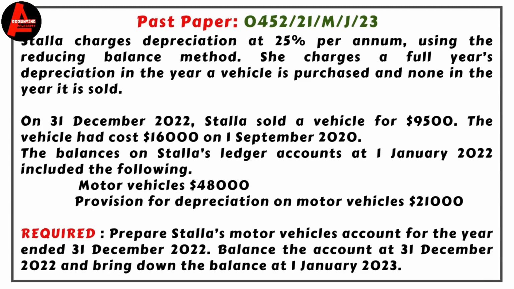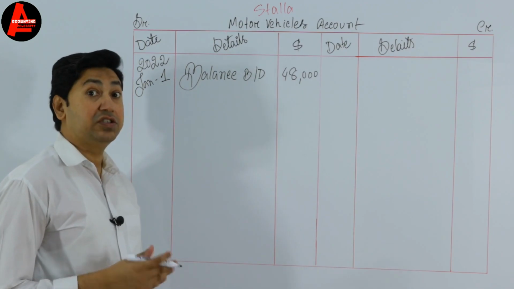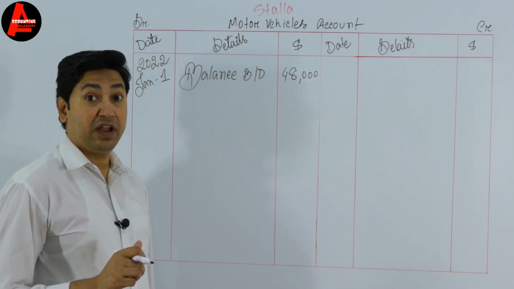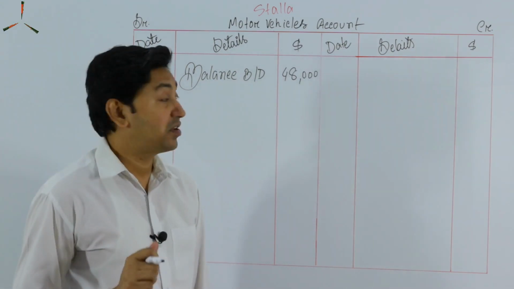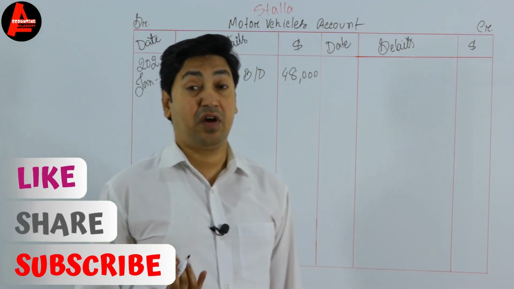Now here we have one more motor vehicle related amount. On 1st December 2022, Stella sold a vehicle for $9,500. The vehicle had cost $16,000 on 1st September 2022. So this transaction will also appear here. The motor vehicle is sold for $9,500, but the cost price of this motor vehicle was $16,000.